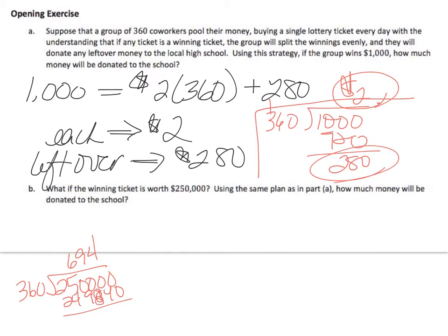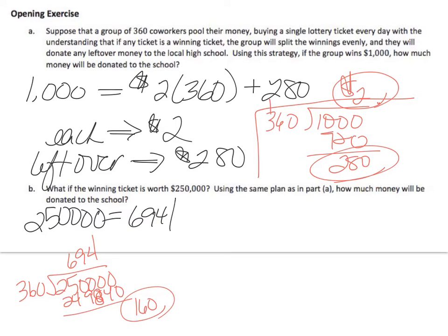So here, using the same setup as we did before, $694 for each person plus $160 left over. Cool? Sort of makes sense.